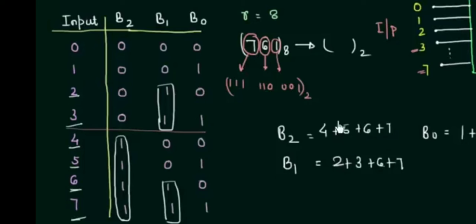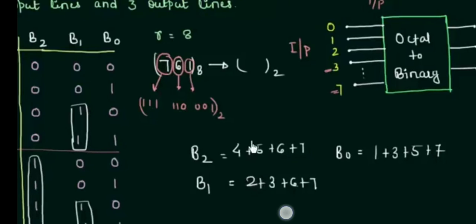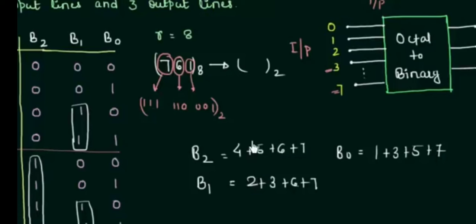If you want B1 to produce 1, the input lines 2, 3, 6, 7 should be activated. And if you want B0 to be 1, lines 1, 3, 5, 7 should be activated high. That's all.